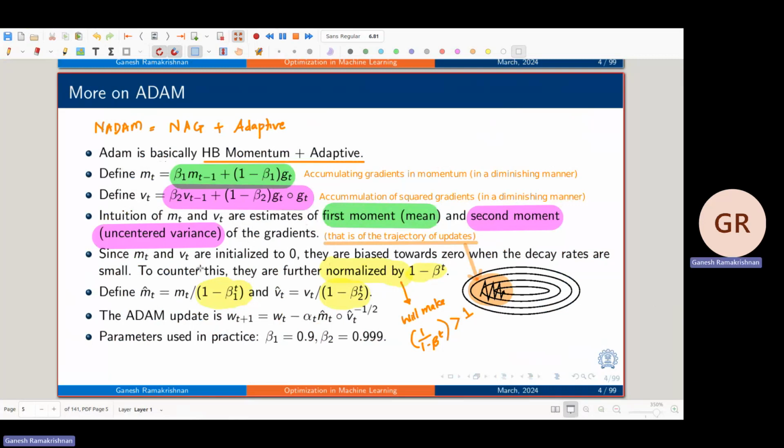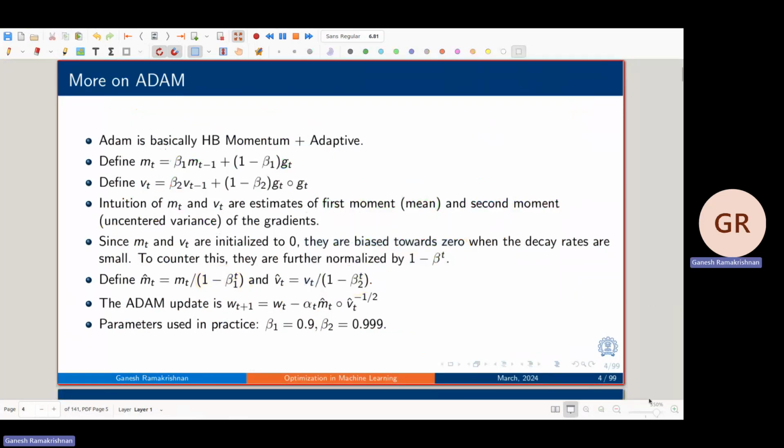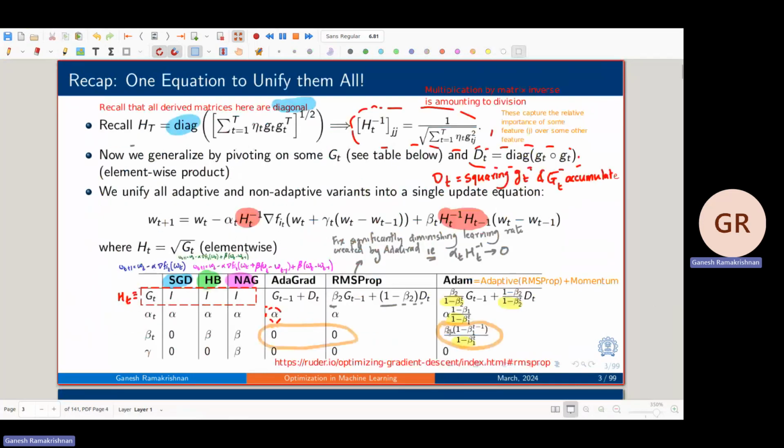The other important part about ADAM is these two, m_t and v_t, are initialized to 0. So what you do is to avoid their biasing towards 0, especially when decay rates are small, you normalize them by 1 minus beta^t. So I had said that there's a reason why this 1 minus beta^t is coming up here in the denominator, highlighted in yellow.